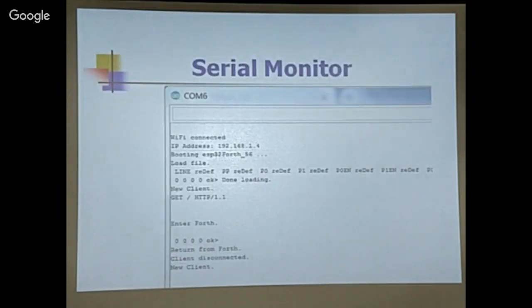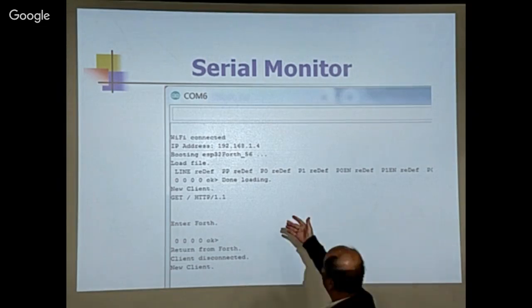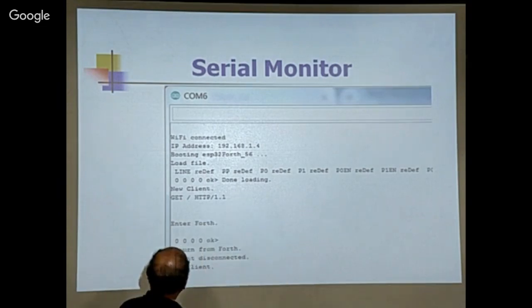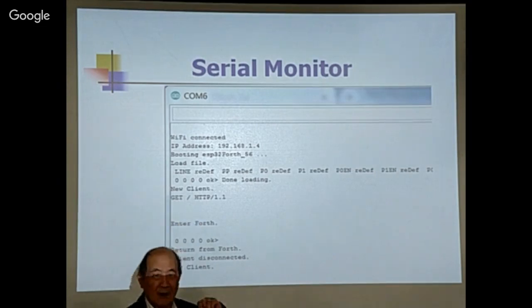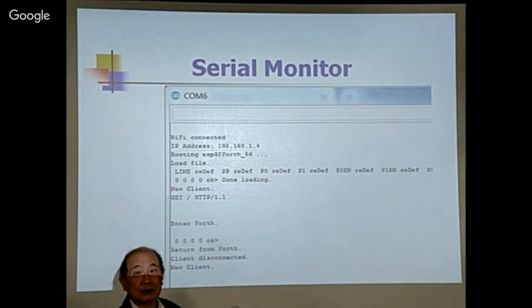Here I just want to show you, if you open up the serial monitor, when the system boots, it indicates that it's trying to connect to the net, and it will report the IP address of the server. At home it's 192.168.1.4, but here it is 0.2. It varies, depending upon how things are initiated.